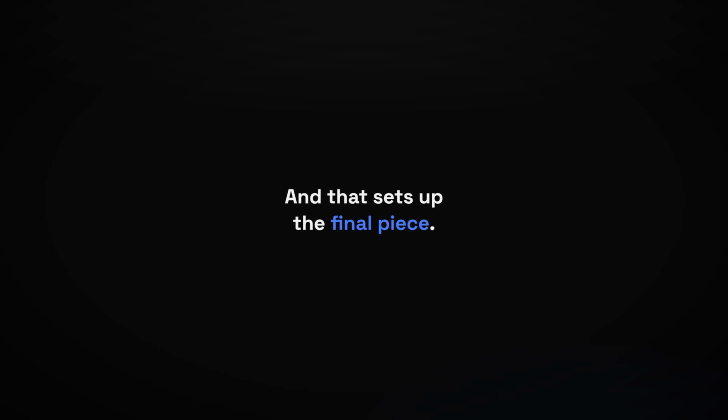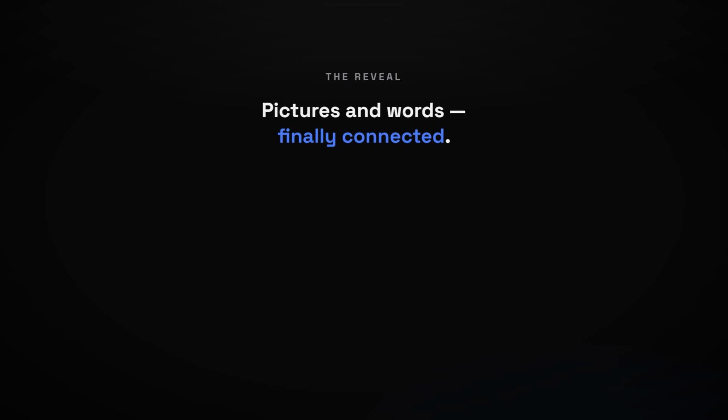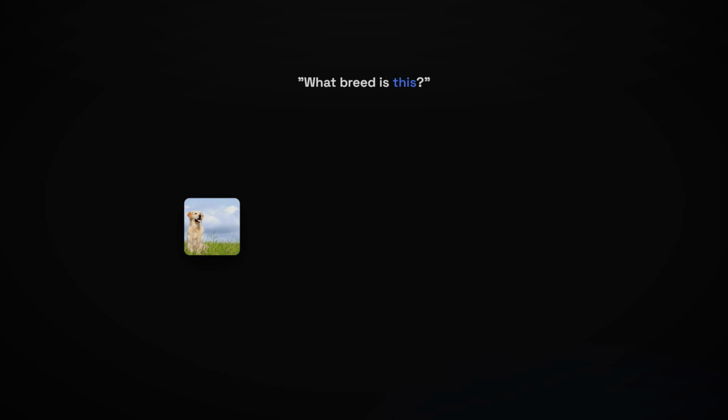That's what sets up the final piece. Here's the reveal everything's been building to. Because of that training, the model can take what it sees and express it in a form language can work with. Pictures and words finally connected through numbers. So when you ask, what breed is this?